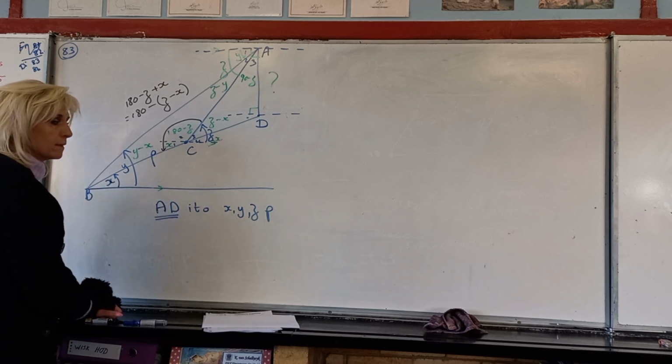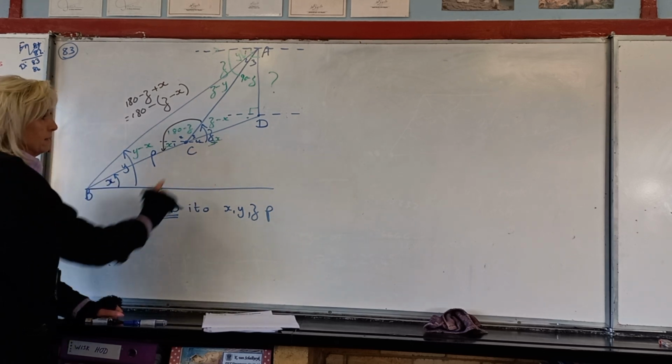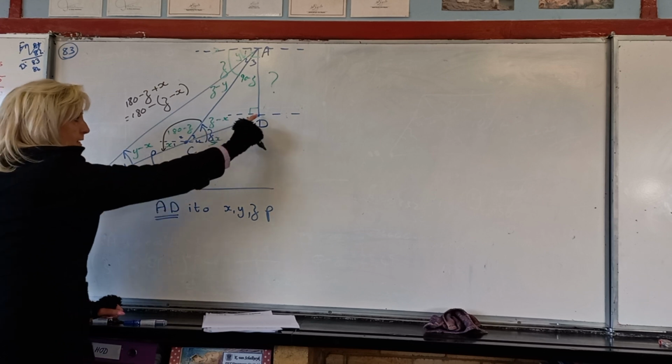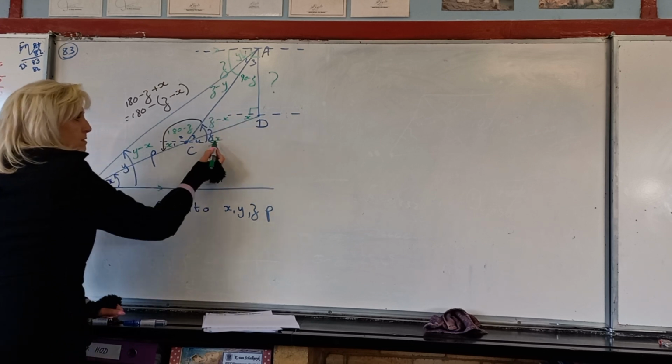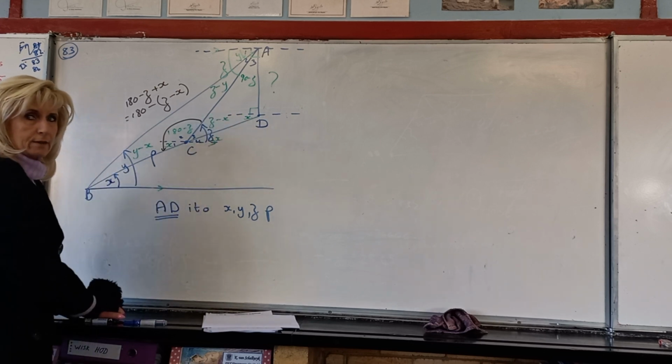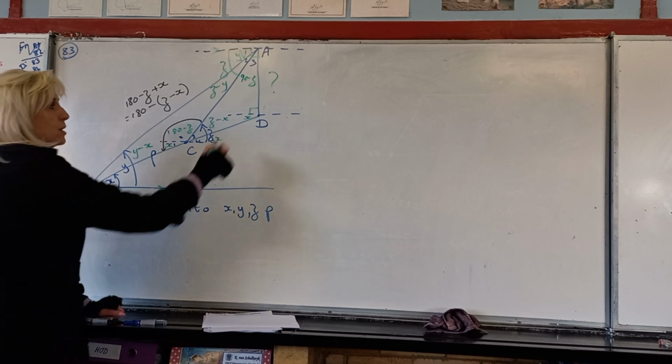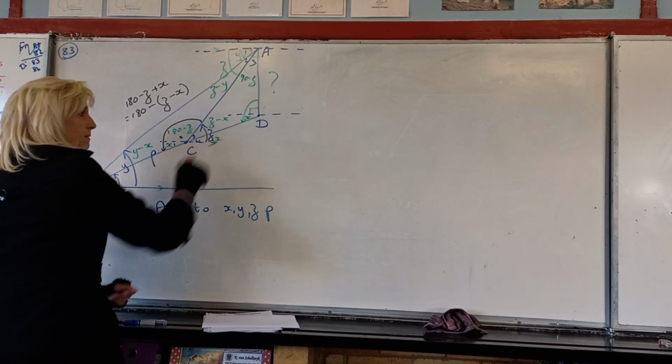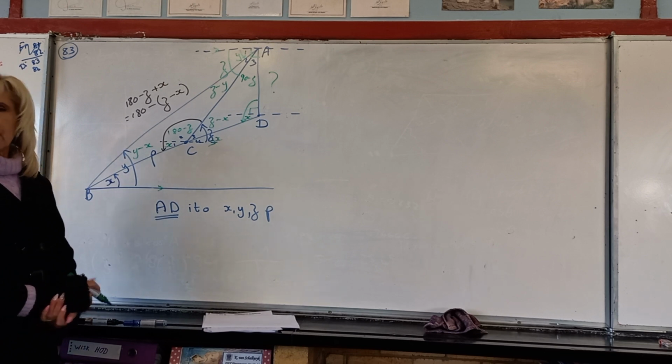Alternate with x. Do you see it? With C4, do you see the Z? That will be small little x, alternate angles. So the whole of this angle is what? 90 plus x.